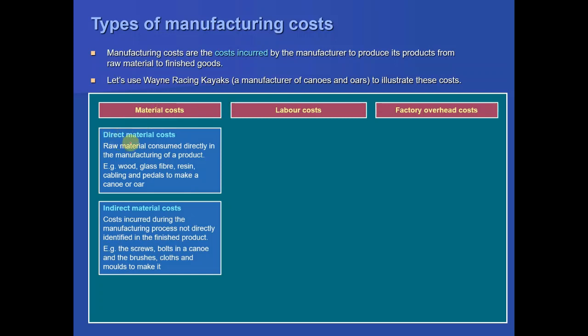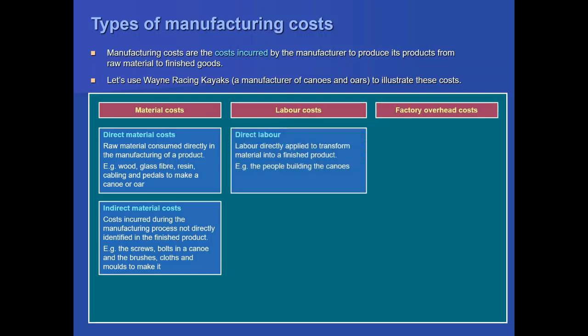So material costs, it's split in direct material costs and indirect material costs. The indirect material costs are the costs incurred during the manufacturing process, not directly identified in the finished product. For example, the screws, the bolts in a canoe, etc.